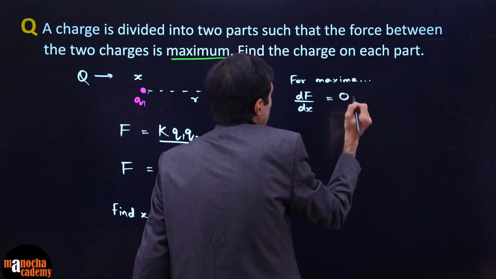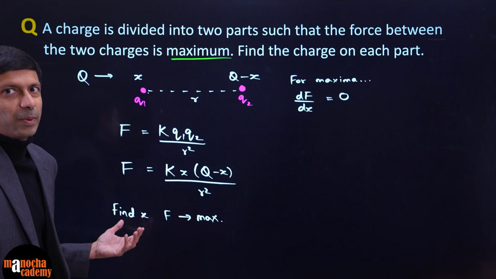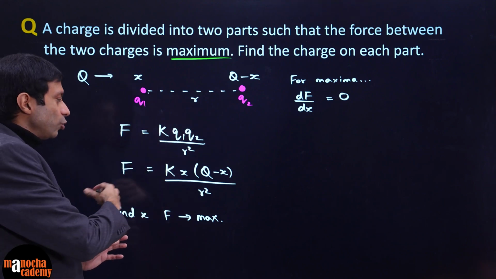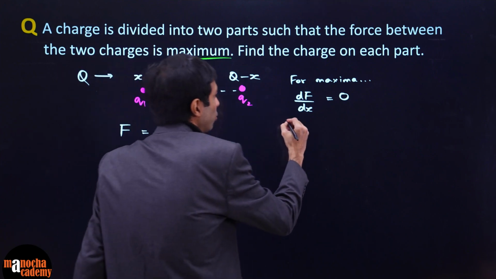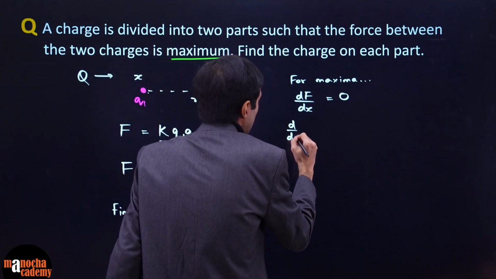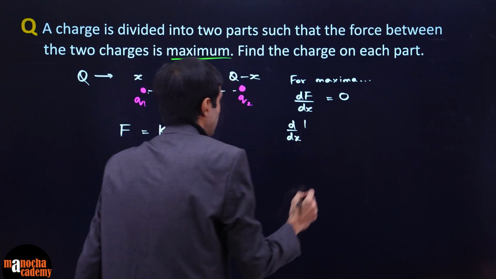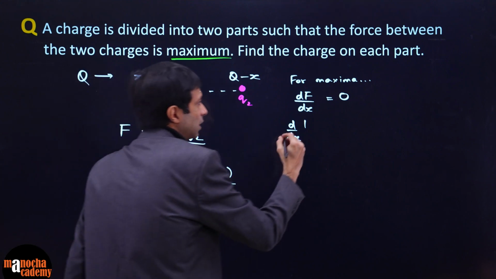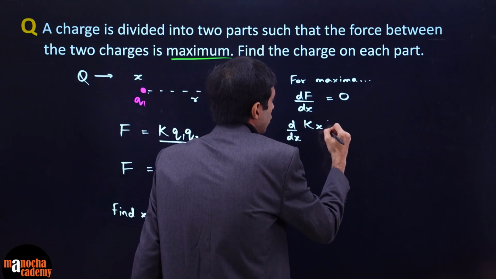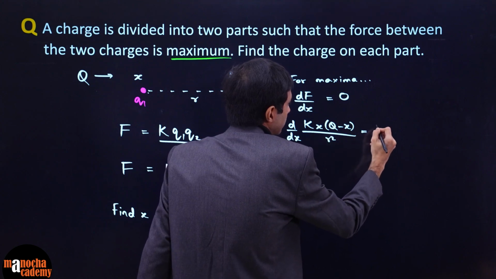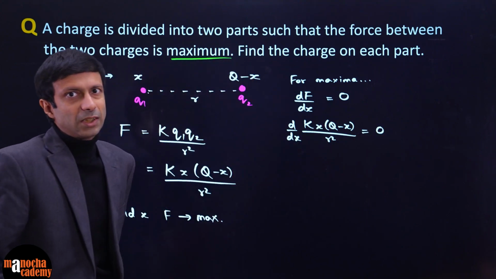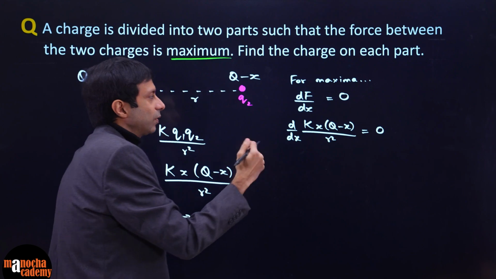That means if you differentiate this force expression with respect to x, it's going to be equal to 0. So do the differentiation, solve, and get the value of x, right? That's what you need to do here. So we need to do d/dx of this force expression. We just copy down this expression here, kx(q minus x) by r squared equal to 0. Now guys, get all the constants outside because constants come out of the differentiation.